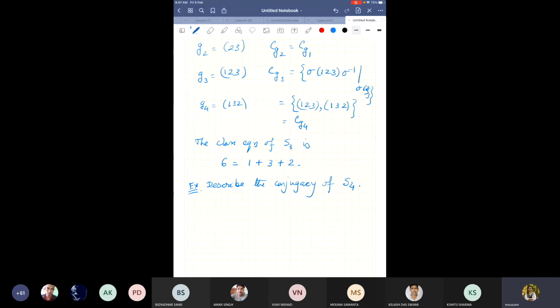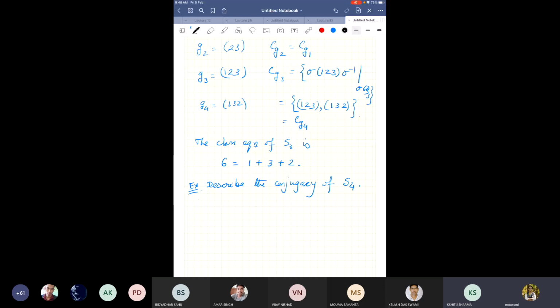Okay, fine. So I have given you one example of the class equation. Now let us see some beautiful applications of this class equation or these conjugacy classes.